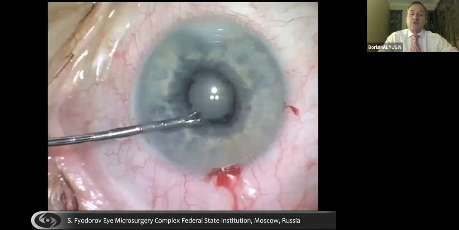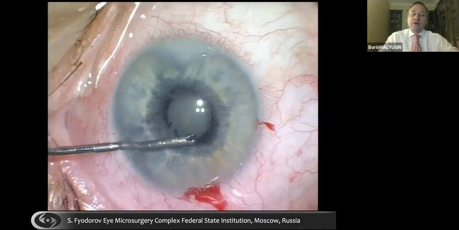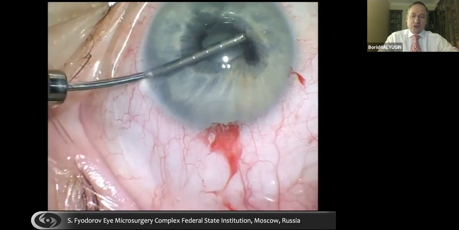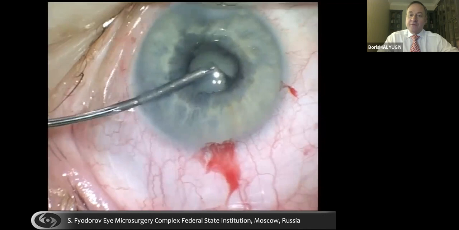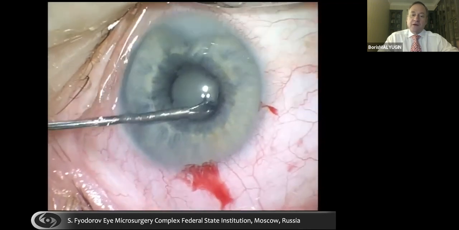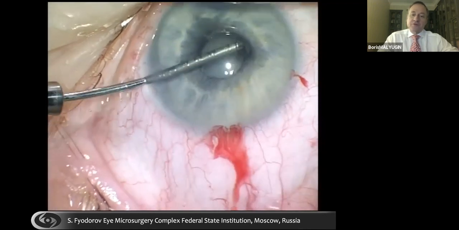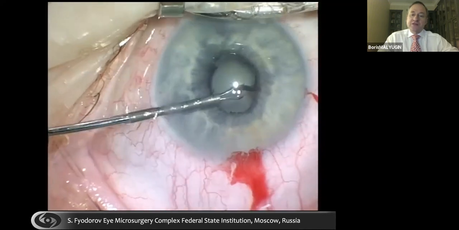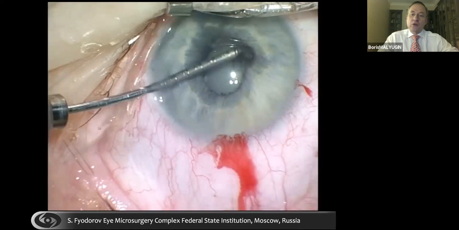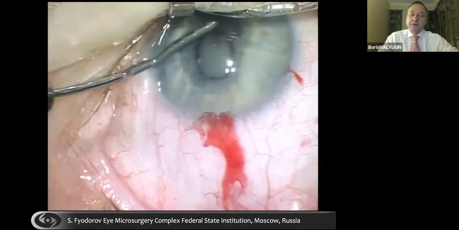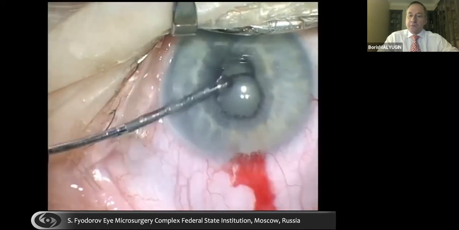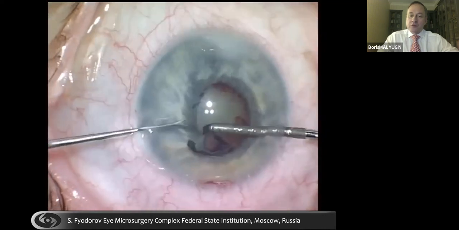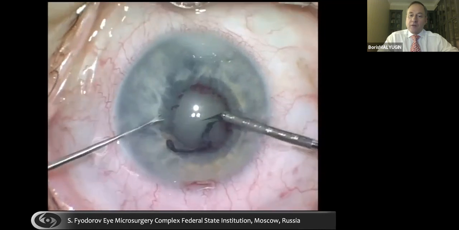And then by removing that membrane, either with micro capsulorhexis forceps or specially designed forceps, it's possible to release this membrane, which is constricting the pupil. It does not allow it to expand. And then after removing that membrane, it is possible to have much better pupil dilation.